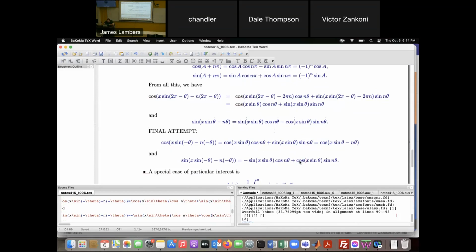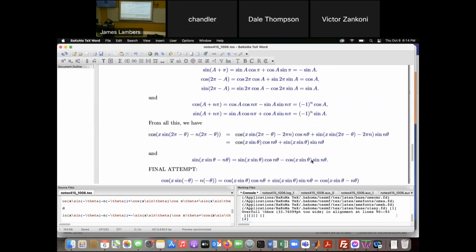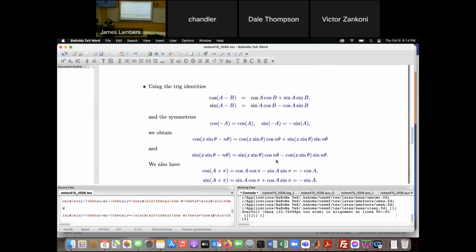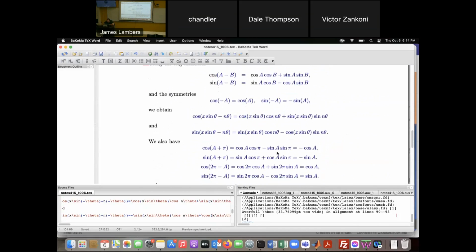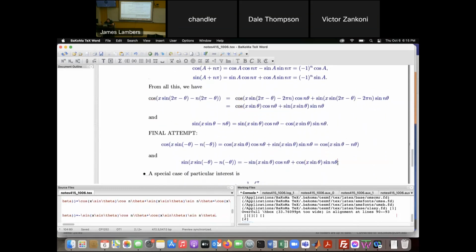And that is equal to the same thing except there's a minus.